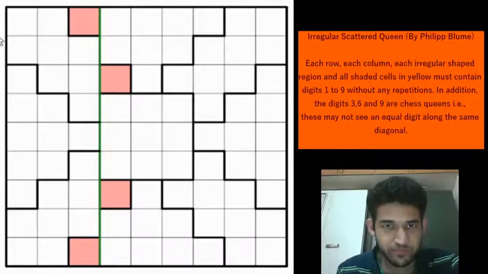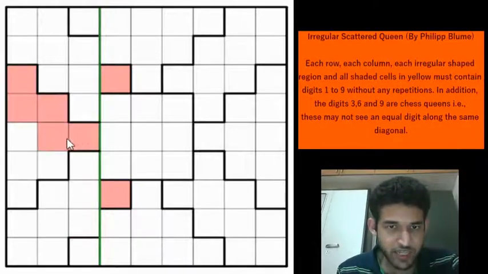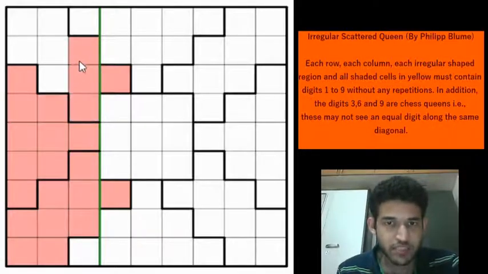Why? Because we know that each row, each column and each region in a 9 by 9 grid or in any Sudoku will contain the digits 1 to 9, right? So we have a region which contains 1 to 9 here, and we also have almost a region which has digits 1 to 9 except one cell which is going outside, and similarly we have one more region which has almost 1 to 9 but one cell going outside.